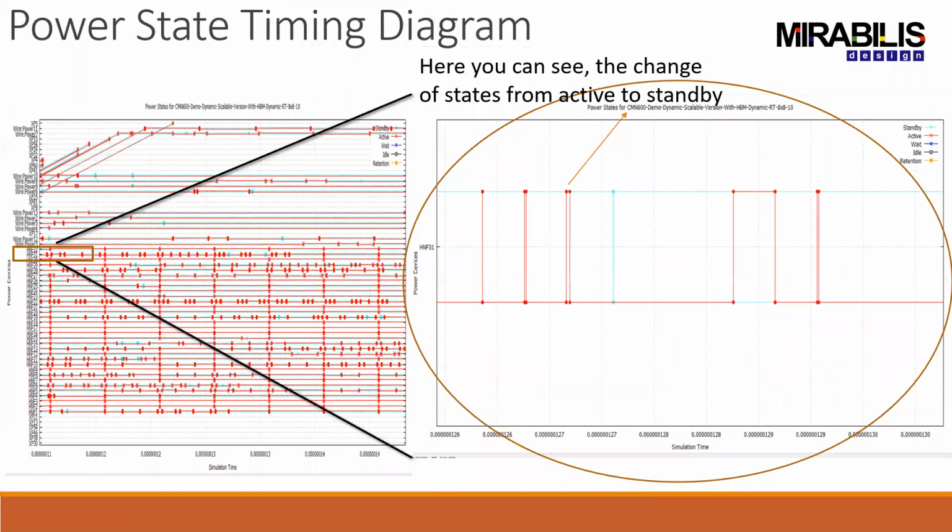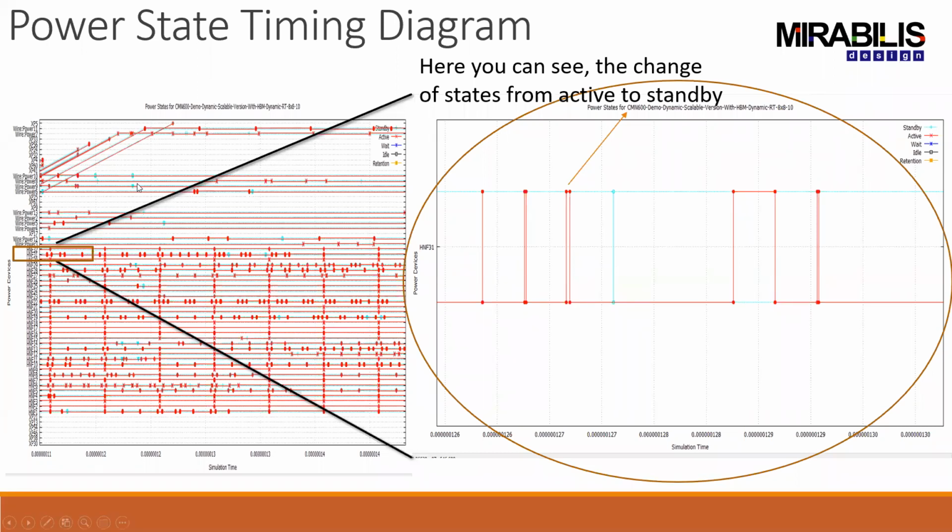Now, one of the attributes that you also require at the system level is the ability to see a timing diagram. And the reason for that is to be able to see the state change over time. If I look at this, I see a lot of activity happening at regular intervals in all the memory devices. So it's like 32 memory devices. All of them have significant memory activity.